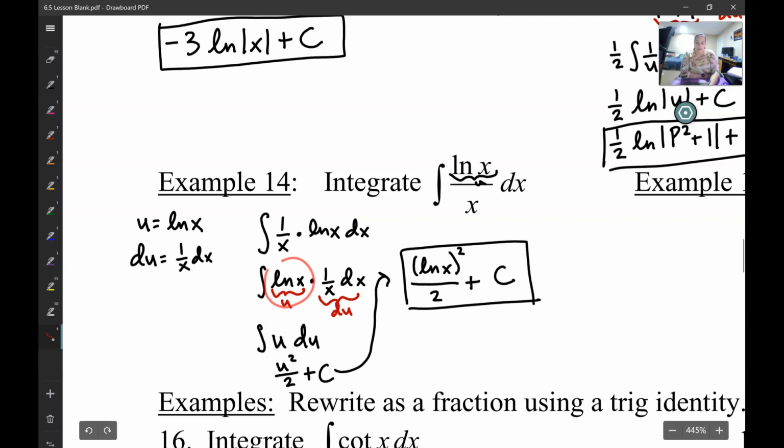So I put the ln of x first and the 1 over x second, so that then we can see this is u, and right there is my du. So I get the integral of u du, which is just a power rule. So I get u squared over 2 plus c. And then I plug my u back in, and there we go.